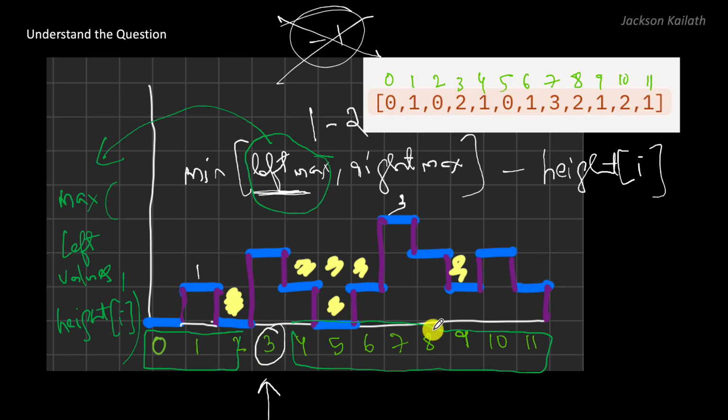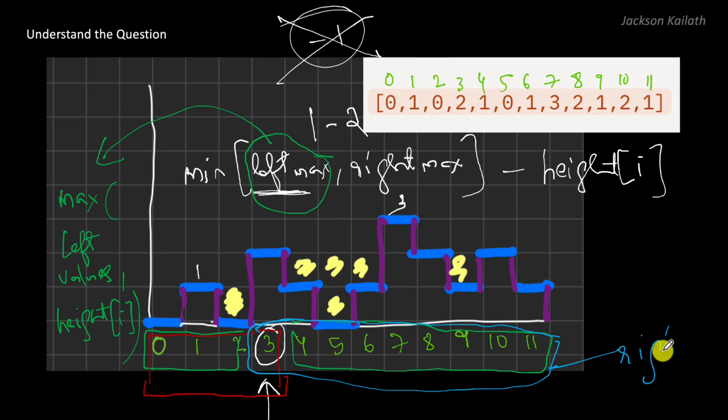But instead of doing it this way, if you take left max as the maximum between all of the values to the left and the value at this particular index. So you're considering all of these positions for left max, and you're considering all of these, that is all of the values to the right and this value for right max. So these are the values that you will consider for right max, and all of these are the values that you will consider for left max.